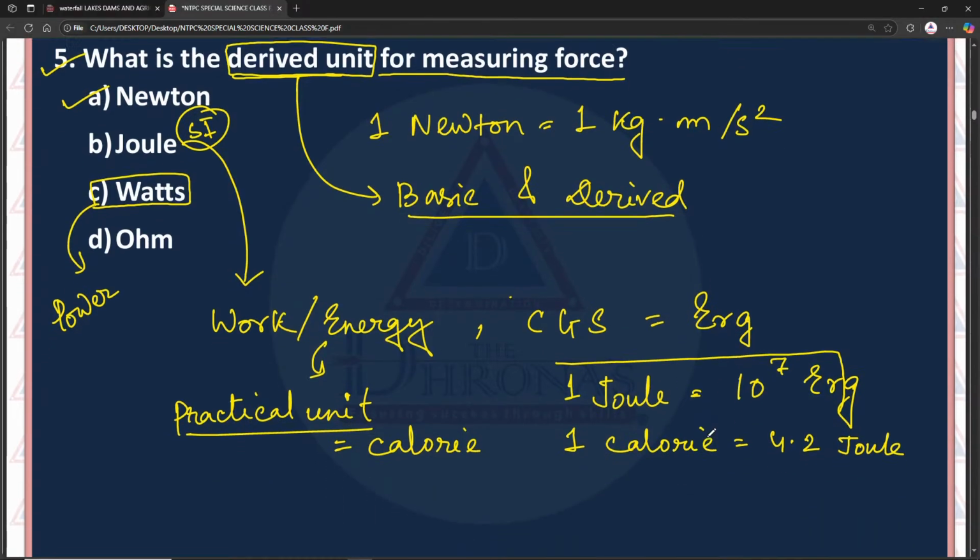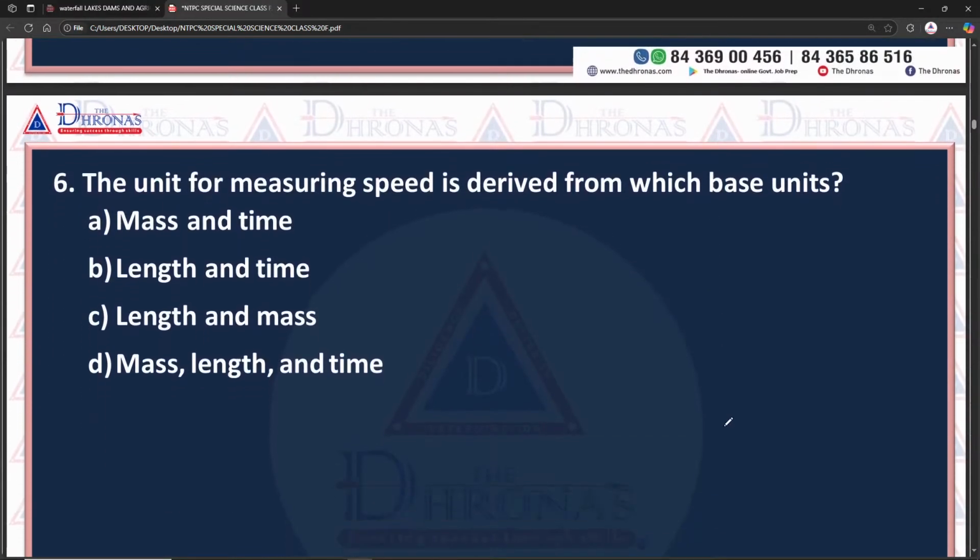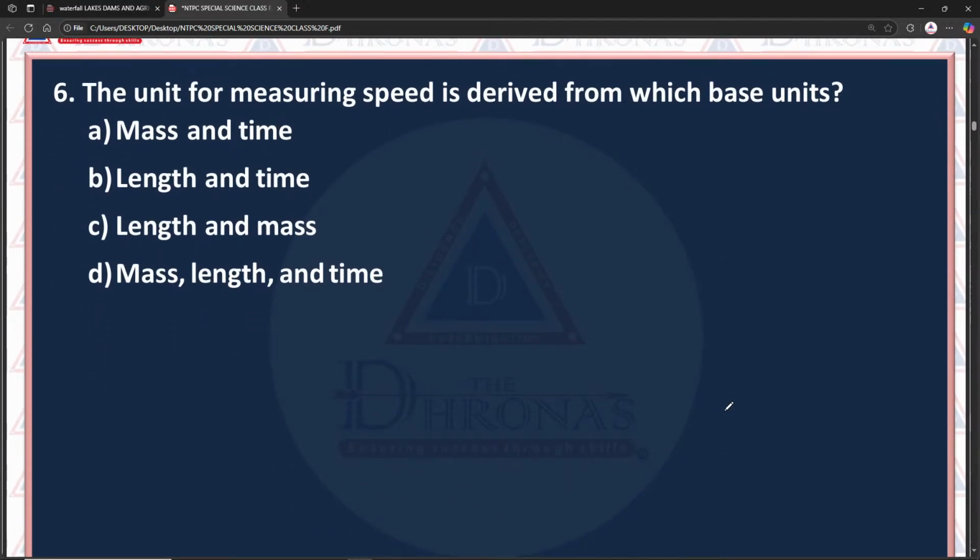Okay. So next question, question number 6. The unit for measuring speed is derived from which base unit? स्पीड मेजरमेंट के लिए हम लोग क्या करते हैं? व्हाट इज द फॉर्मूला ऑफ स्पीड?